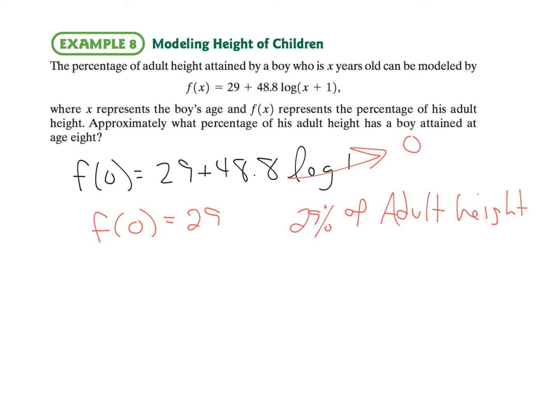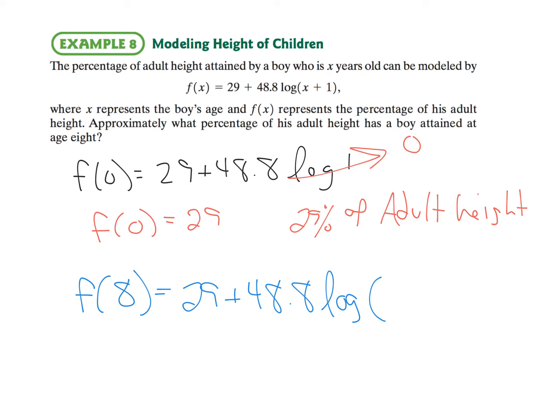So here it's asking, what is the percentage of adult height by age 8? So f of 8 is 29 plus 48.8 log of 9. What I'd like to really point out here is when you don't see a number here, so right here they didn't give us a number as the base.